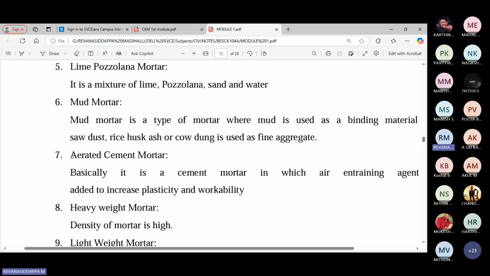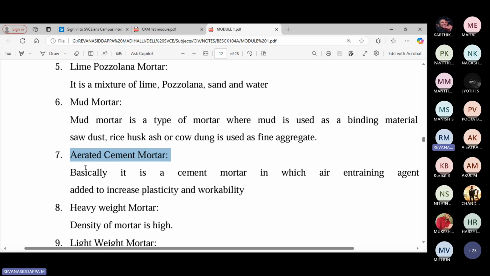Then the next type of mortar is aerated cement mortar. It is normal cement mortar only, a mixture of cement, sand, and water. In this mortar we add some air entraining agent, which generates foam in the mortar.